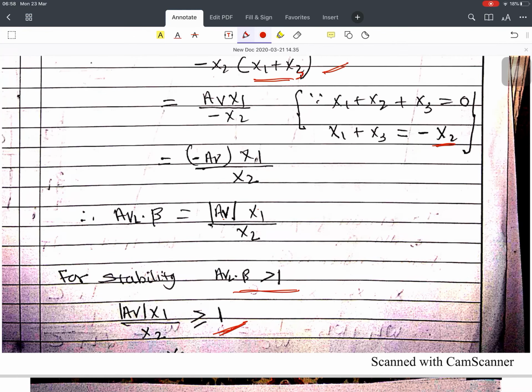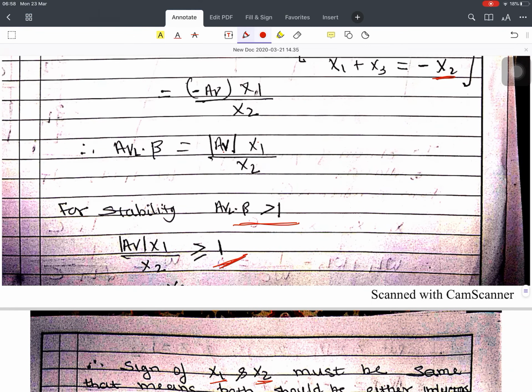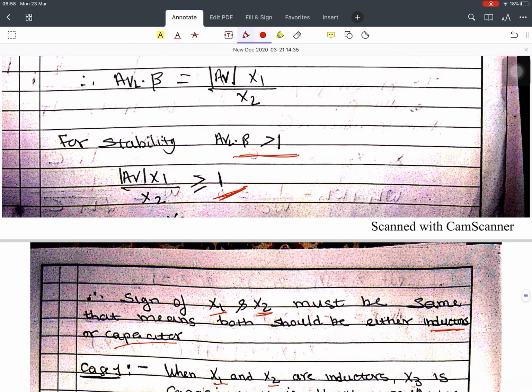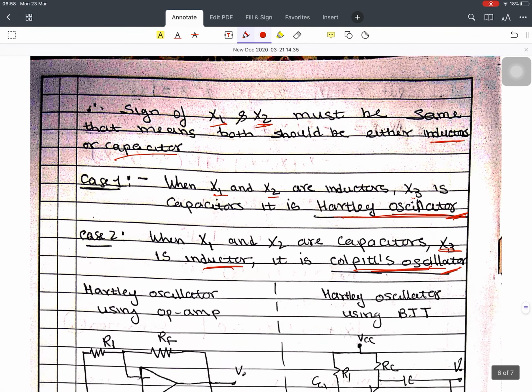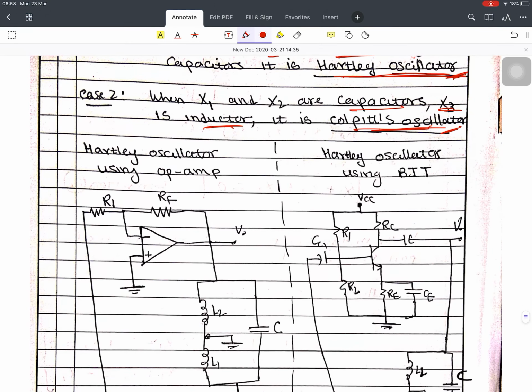This gives you the second condition, that x1 and x2 must be of the same type, either inductor or capacitor. When both are inductors, it is Hartley, and when both are capacitors, it is Colpitts. Now let's go to the circuit.